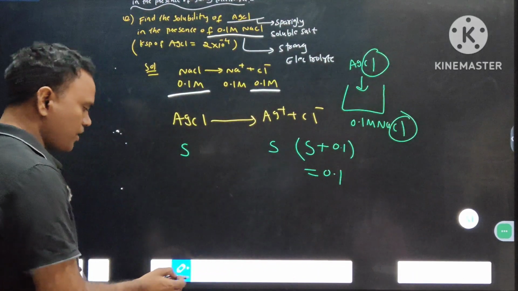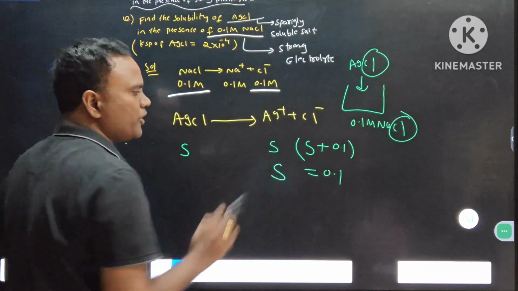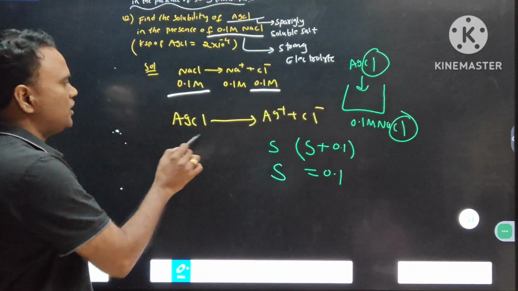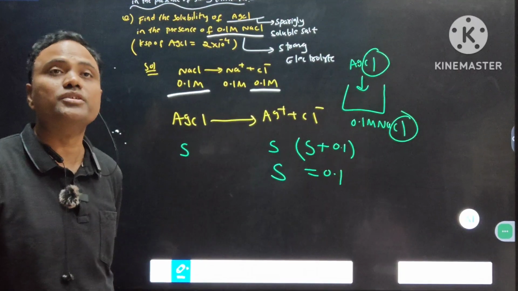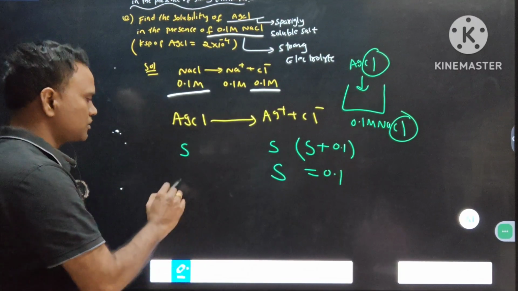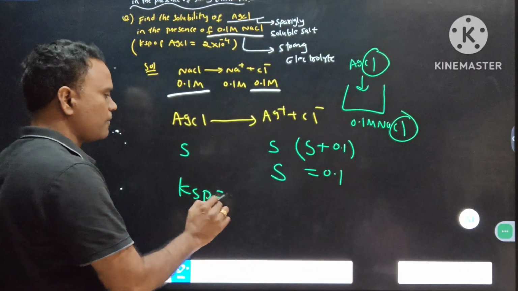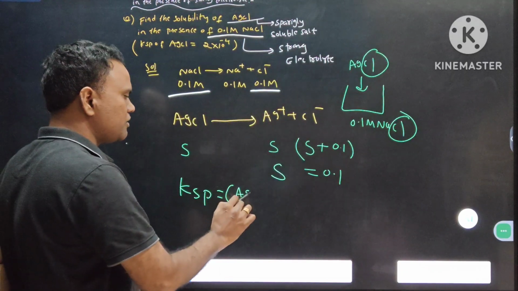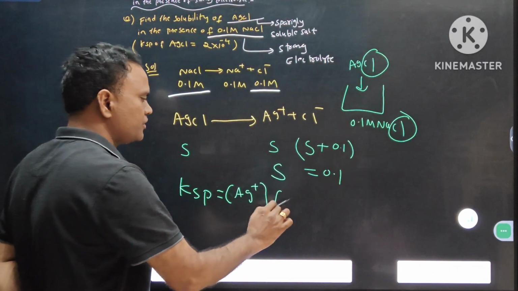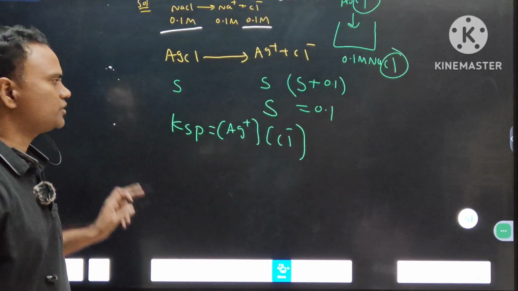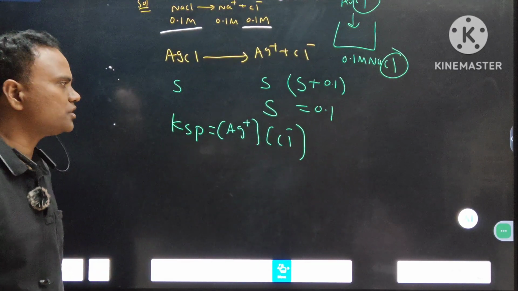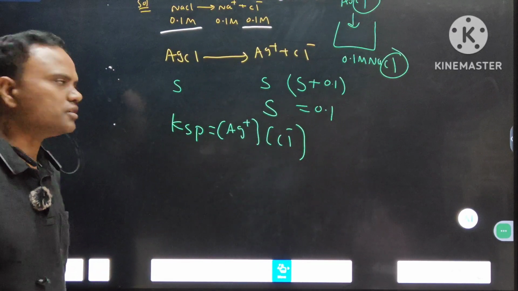Right? Now, S and 0.1. What is the solubility product of AgCl? Ksp is equal to Ag plus ion concentration times Cl minus ion concentration.